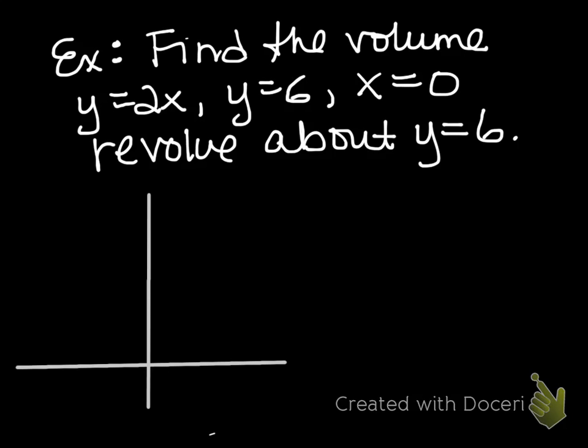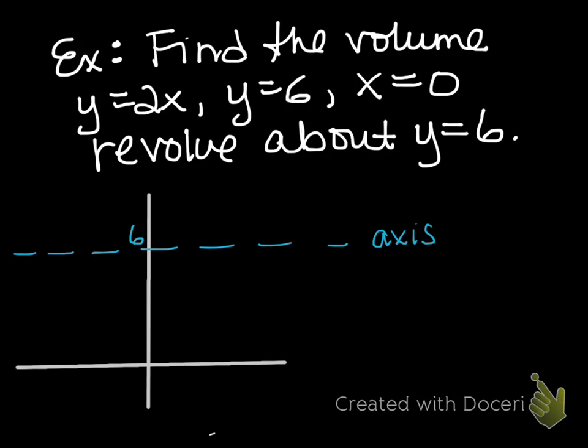Okay, so I'm going to go ahead and sketch the region that will be revolving. First thing I'm going to do is sketch where my axis is. Right here where y is equal to 6, that's where we're going to be doing our revolving.